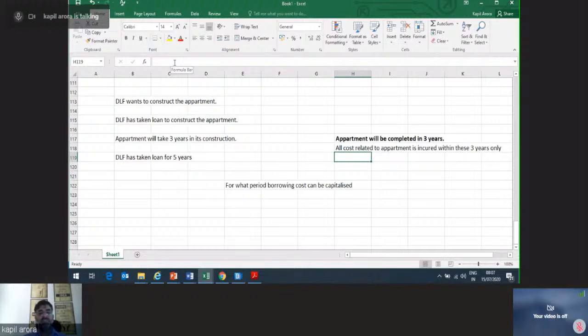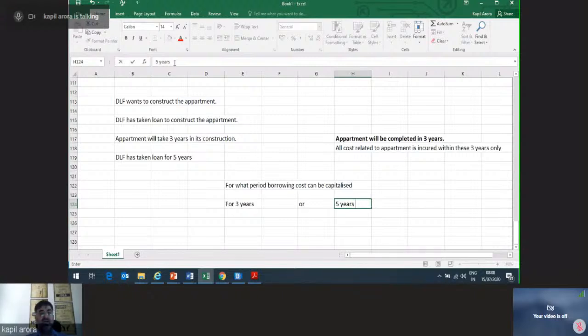So all costs related to the apartment are incurred within the 3 year period only. Now, for what period can borrowing cost be capitalized? Is it for 3 years, which is the period of the construction of the apartment, or is it for 5 years, the period for which I have taken the loan? So for how long should I consider or add the borrowing cost in the asset value?